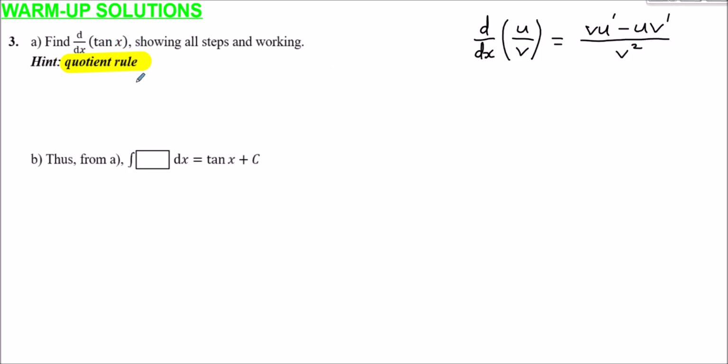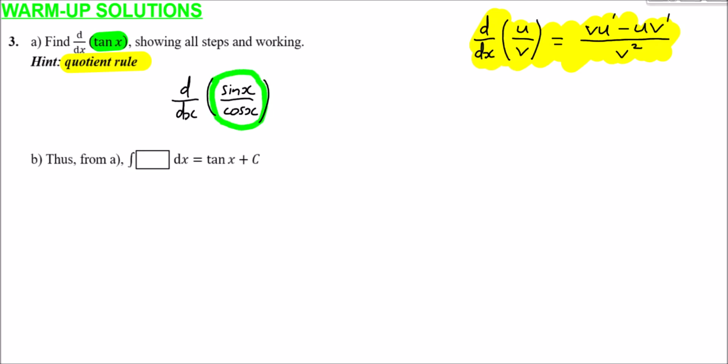And so what I need to do here is to rewrite tan as sine over cos. I can now use the quotient rule, which I've just doodled for you over here as a reminder. So, tan x, I've just called sine x over cos x. Now, applying the quotient rule, I leave the denominator as is and differentiate the numerator.